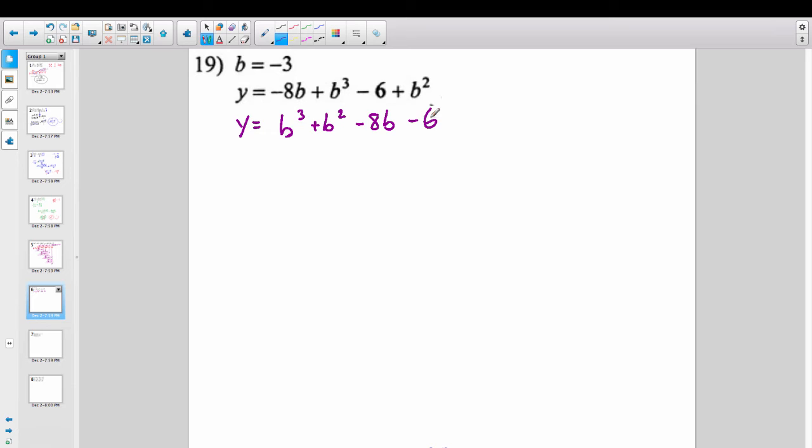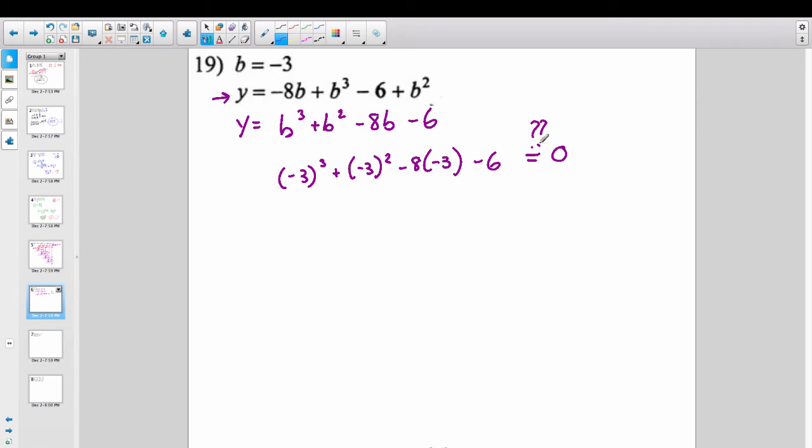So if negative 3 is a root of this polynomial, or this function, well, that just means if you plug it in, you get 0. So let's do that. If we take negative 3 and we cube it, and then we add that to negative 3 squared, and we take away 8 times negative 3, and then when we're all done, we subtract 6, does that equal 0?